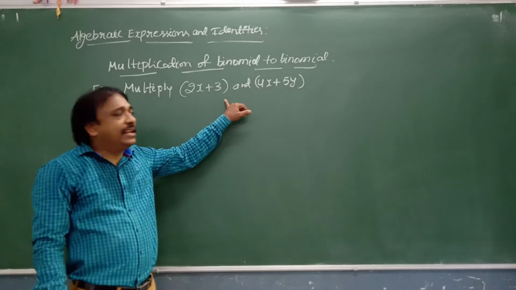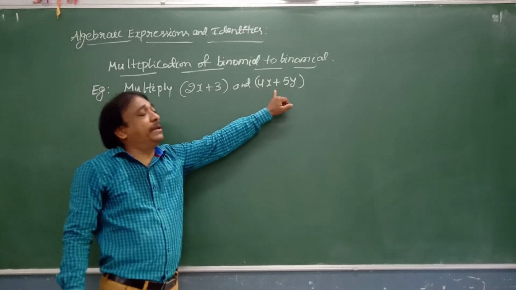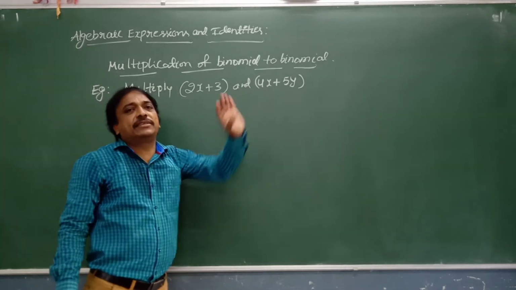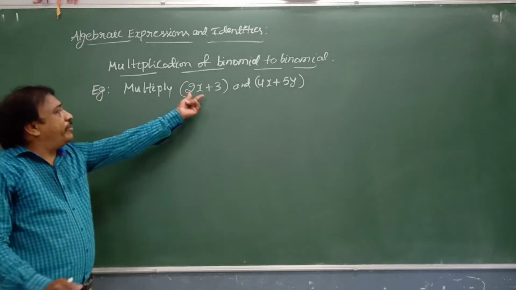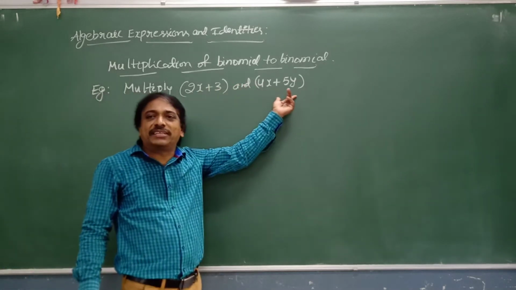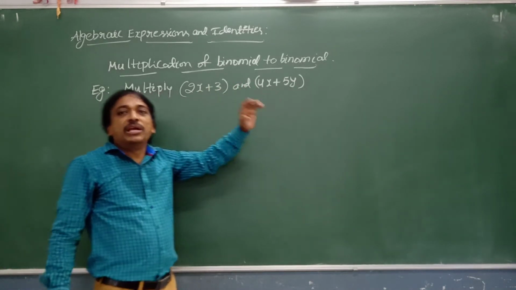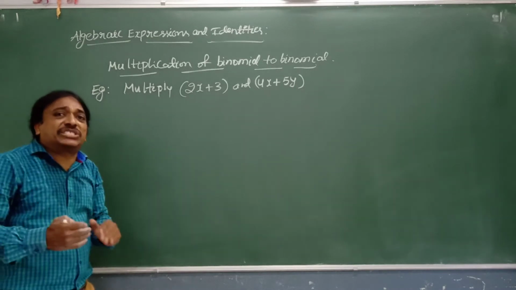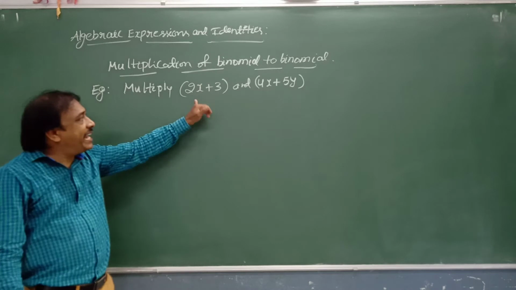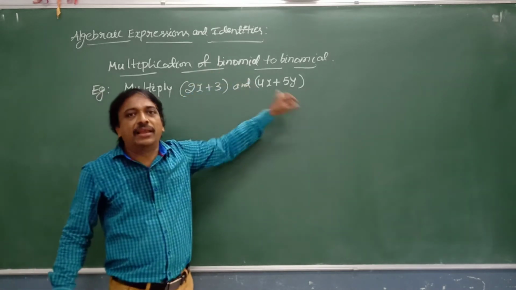You see here, how many terms are there in this? Two terms. And here how many terms are there? Two terms. An expression with two terms, what do we call? That is a binomial. So binomial to binomial.